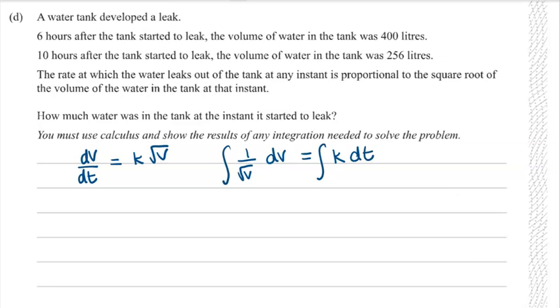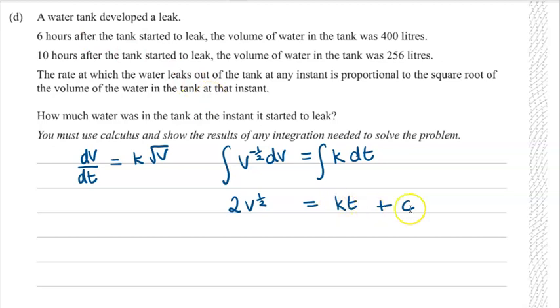So the 1 over the square root of v, I'm just going to rewrite that as being v to the minus a half to make it a little easier to integrate. Okay, so if we integrate v to the minus a half, raise the power by 1, we get v to the half. Divide by the new power, so if we divide by half, we will get 2. Integrating k is very simple, it's just going to be kt, and then plus c.